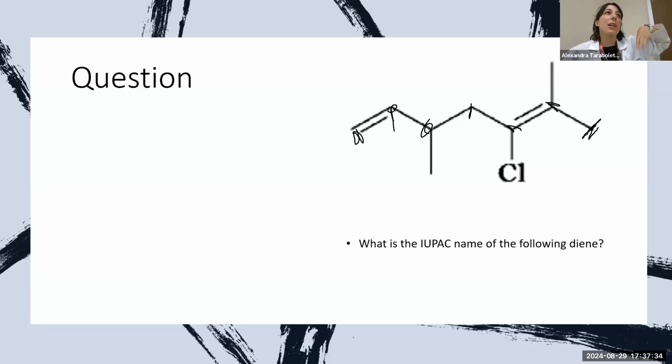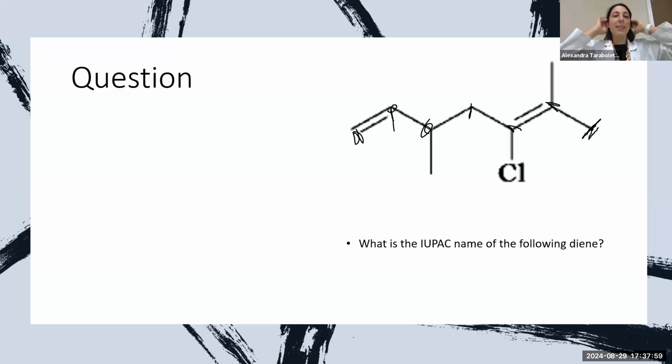We want to number giving them lowest numbers in general. Also, remember all side groups, we want to give them lowest numbers possible, but while thinking about priority of certain functional groups. Again, the double bond has priority, so we're going to start closest to where there's a double bond, which is on the left side.